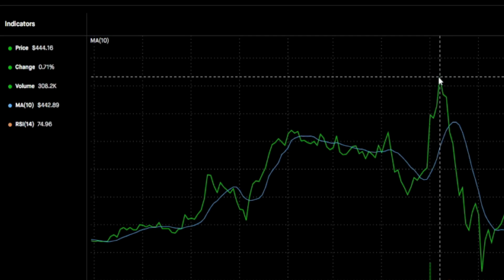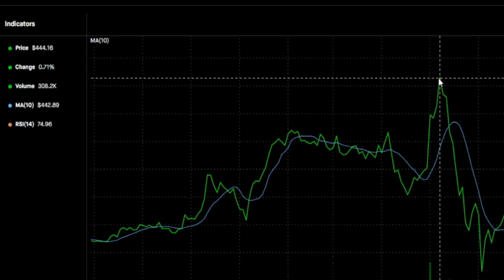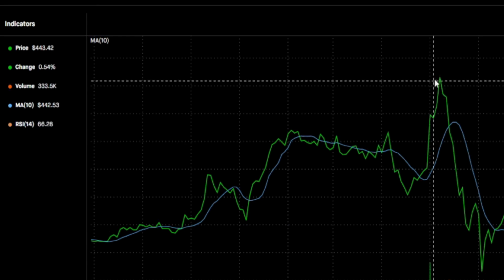At 444, somebody could also make money, because if I'm selling a put and I don't want the stocks to go down, I could also be making money because it's rising.